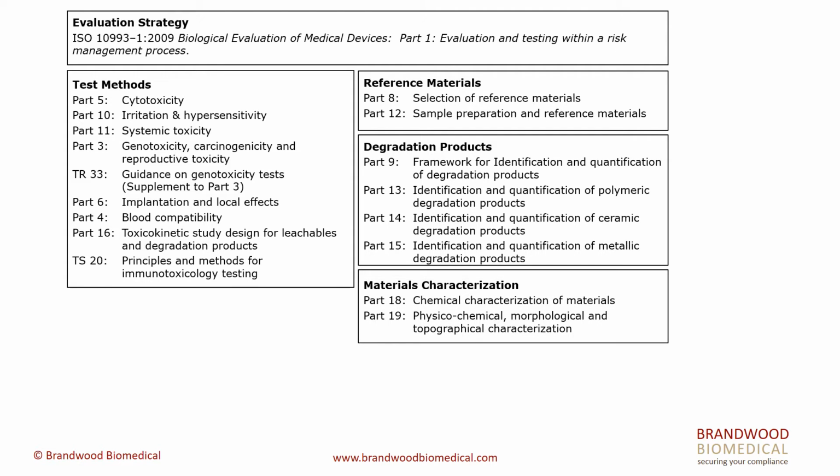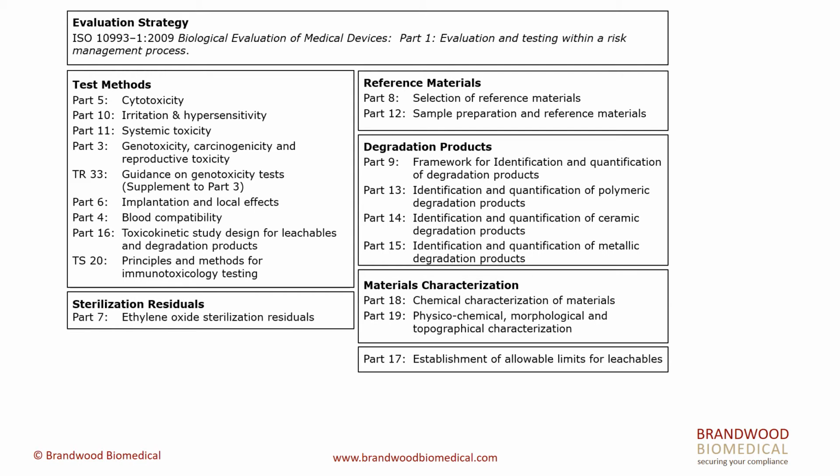There are two standards on materials characterization, Part 18 on chemical characterization, and Part 19 on physical, physicochemical and morphological characterization. Part 17 provides a framework for establishment of allowable limits for leachables. Once you've conducted chemical characterization, what are the allowable limits? And then there are two specialist standards, Part 7 on the special case of ethylene oxide residuals and Part 2 on animal welfare.